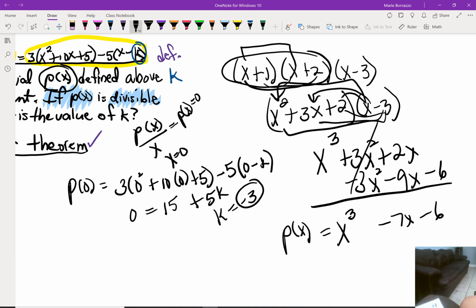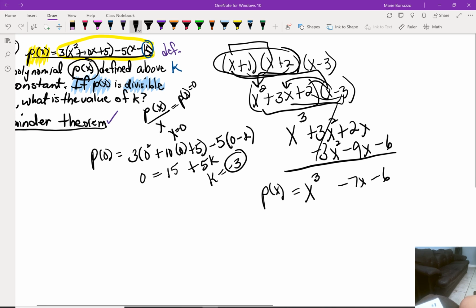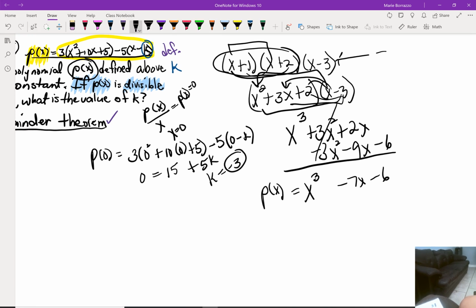Now, I'm going to use synthetic division to show you, using one of these factors, and then I'm going to use another factor as an example. So let's say I use x minus 3. That means that x minus 3 equal to 0 gives x equal to 3.